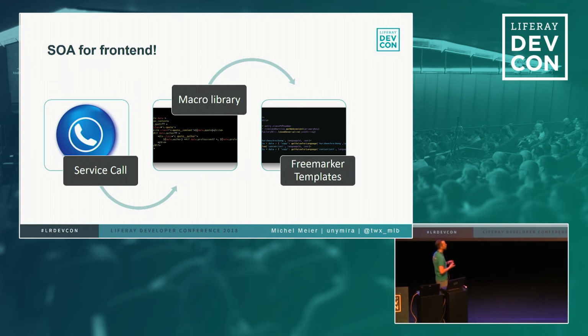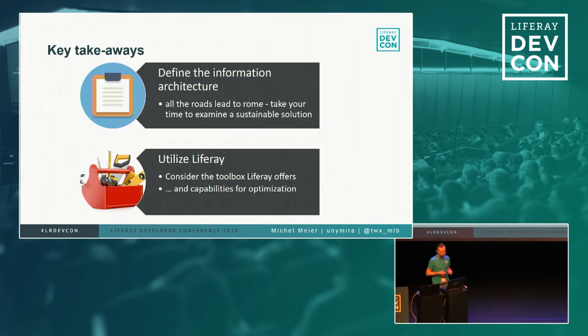We wanted reusability, so the FreeMarker templates are very tiny, because if we had the logic from the macro library in the FreeMarker templates, this would blow up everything. And so it's a lot more maintainable, and we were able to hide all the value checks within small macros, which are really maintainable.